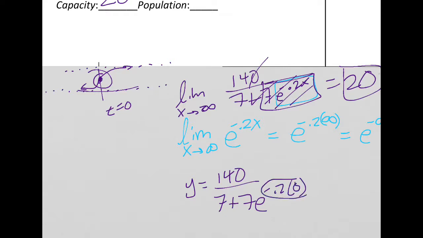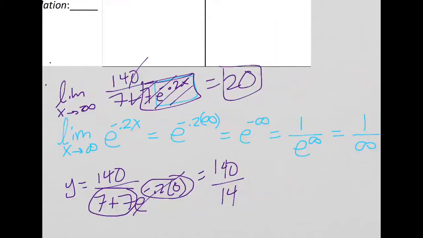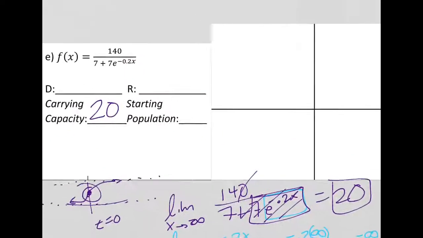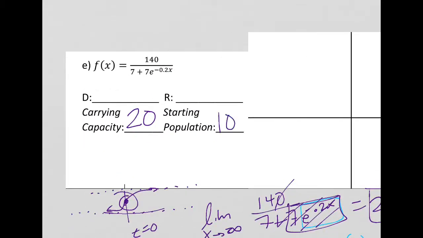So that's going to make this whole exponent 0. e to the 0 is 1. 7 times 1 is 7. So in the denominator here I get 7 plus 7 is 14. So this simplifies to 140 divided by 14, which is 10. And so the starting size of the population was 10.